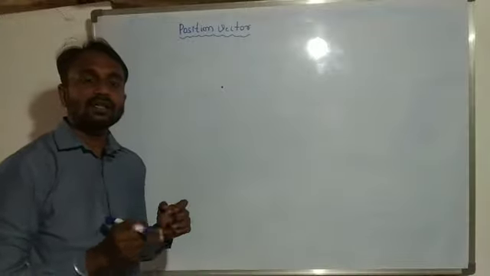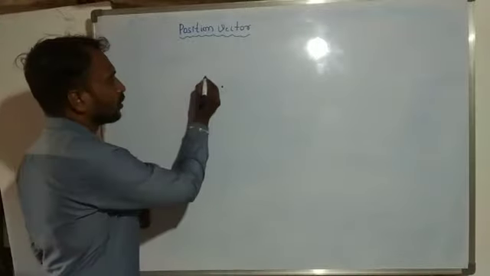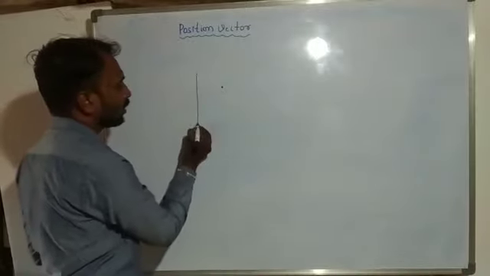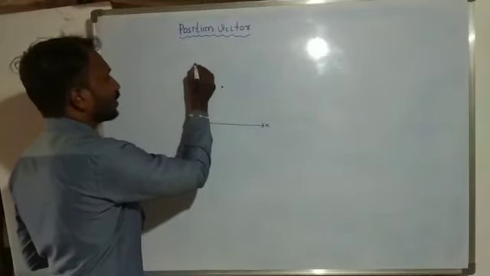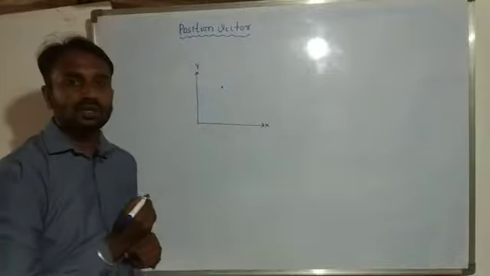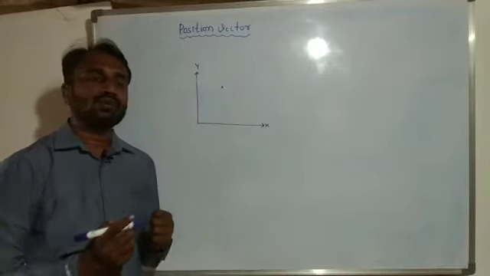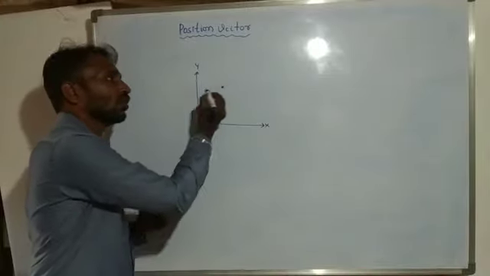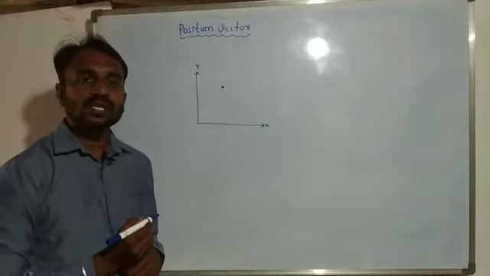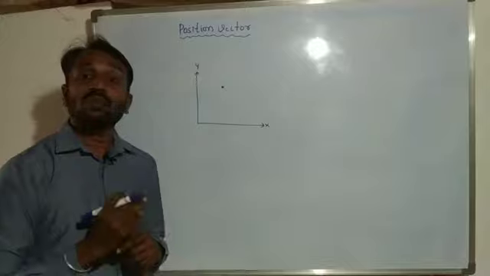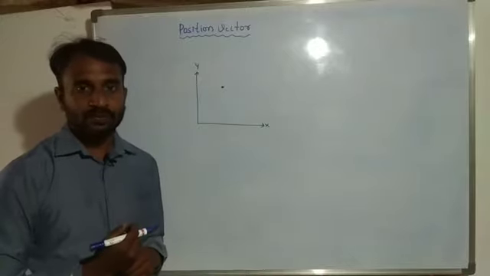It is present in the xy plane. Here we consider this one is the x-axis and this one the y-axis. We want to find out the position of a particle or the position of an object. For this reason, we consider position vectors.